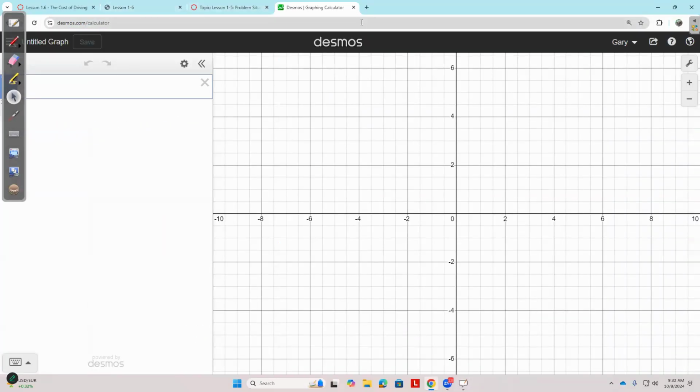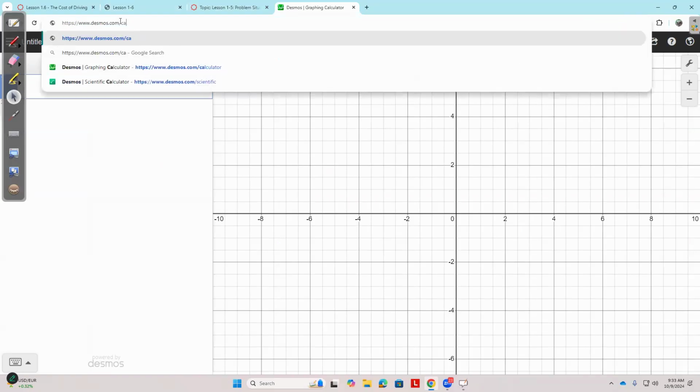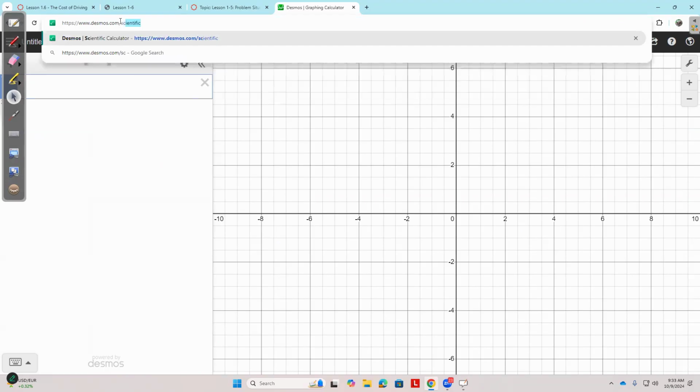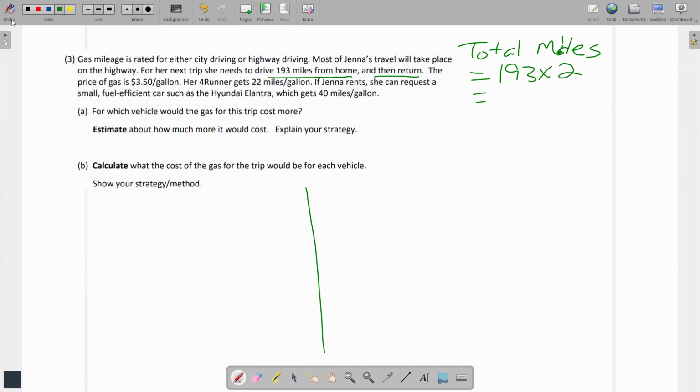Oops, wrong, sorry, wrong Desmos. What is it? 386. 386. Okay. All right. So 386 miles is the round trip, and we're not going to worry about any driving around she has to do where she is. We're just going to say, hey, this is what matters most.